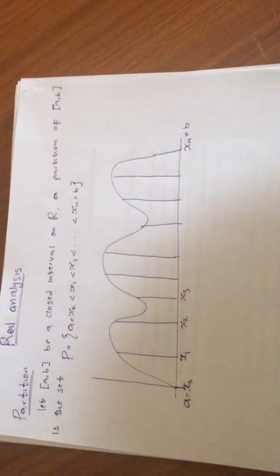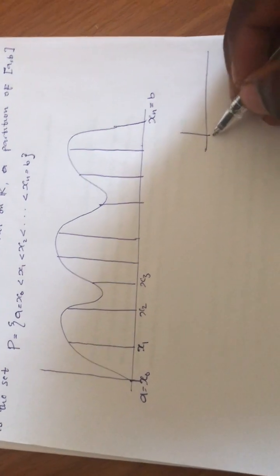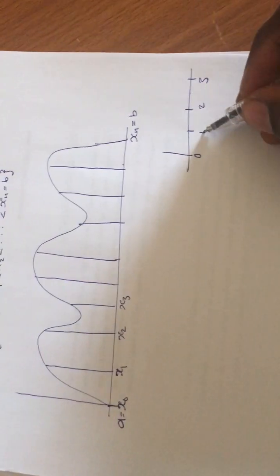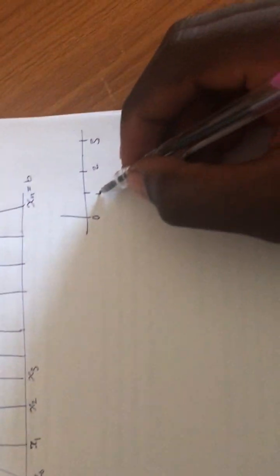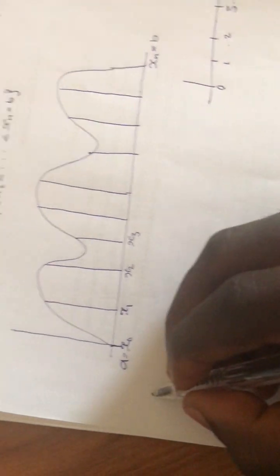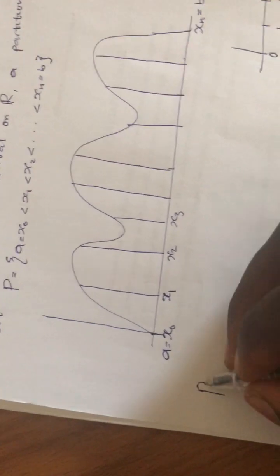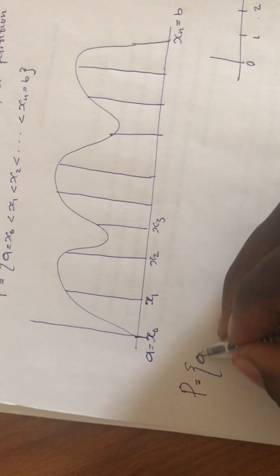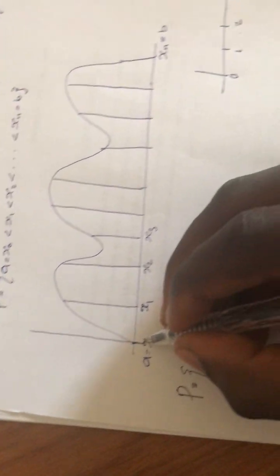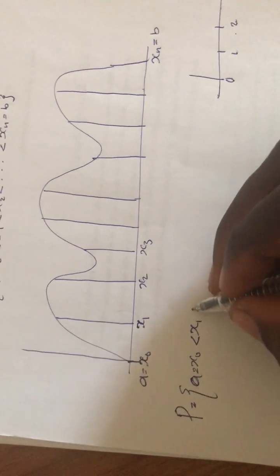Now, if you check from our normal graph, where you have something like 0, 1, 2, 3, you can see 1 is greater than 0, 2 is greater than 1, 3 is greater than 2, and so on. So as the set, that is the partition here, will be a equals x0, which is less than x1, very true.